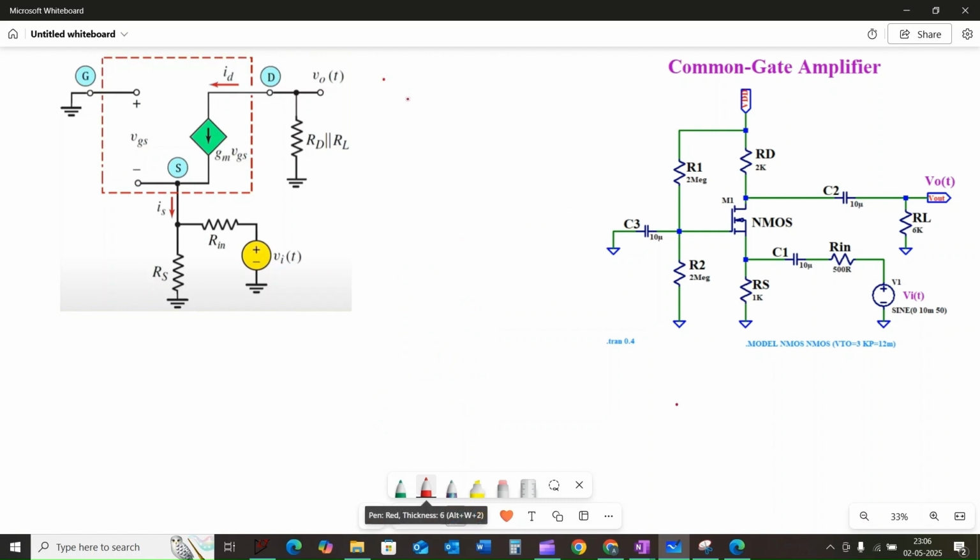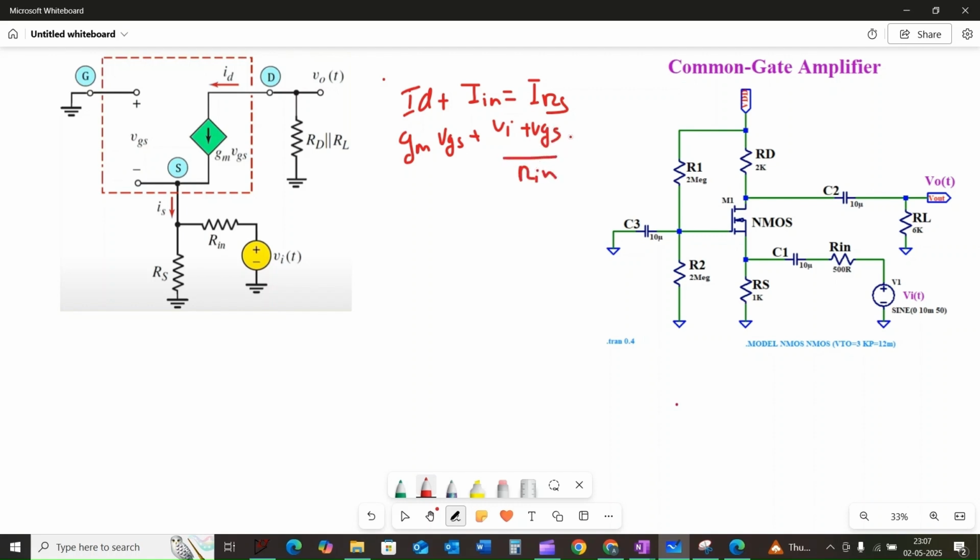Let us substitute the values into this. That is ID plus In is equal to IRS. So Gm into VGS plus (Vi plus VGS) divided by Rin is equal to minus VGS divided by Rs.